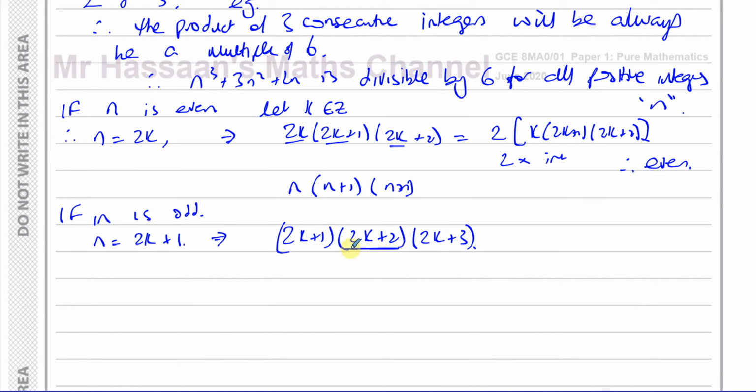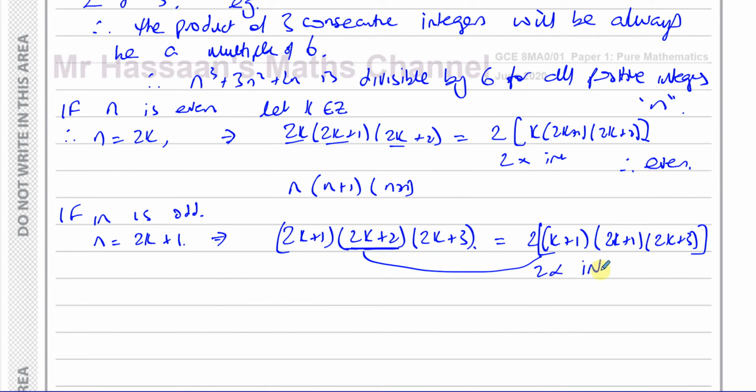We can rewrite this as 2 times k plus 1, times 2k plus 1 and 2k plus 3. So we have here 2 times an integer, because this is an integer. Therefore, this is even.